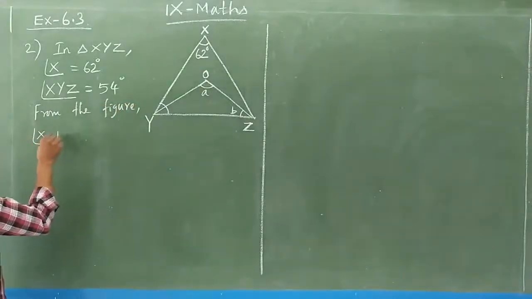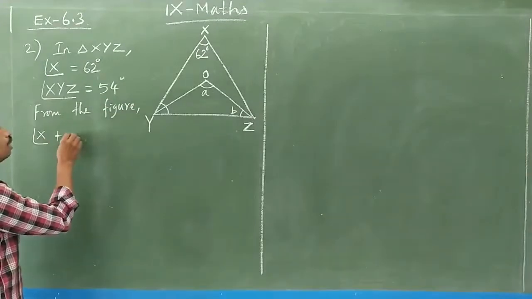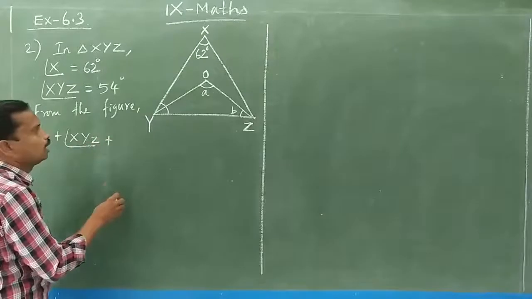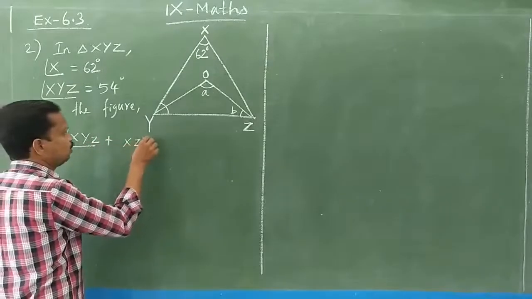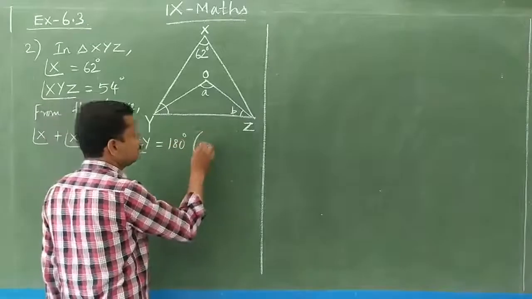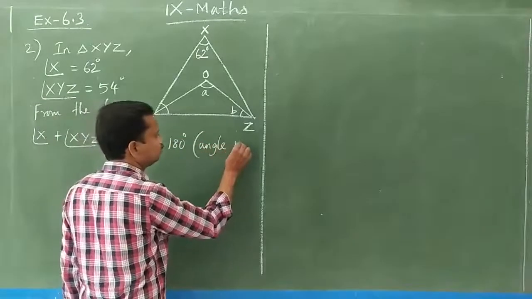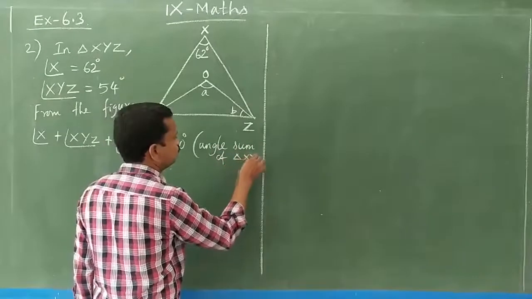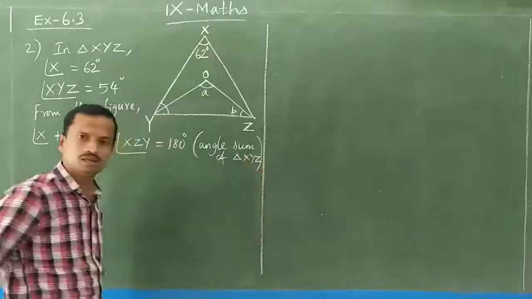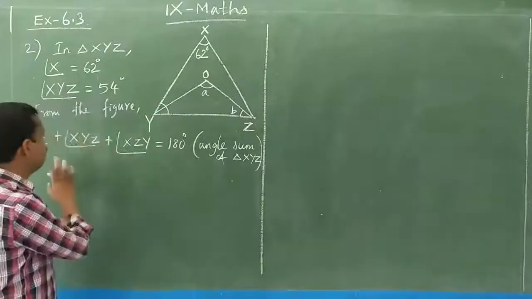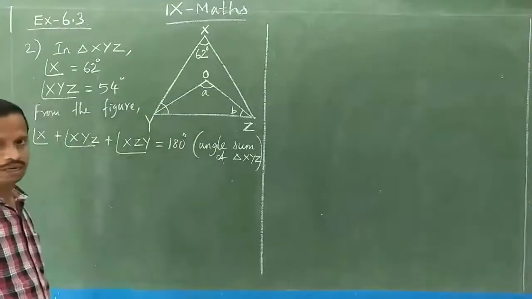So from the figure, angle X plus angle XYZ plus angle XZY is equal to 180 degree because of angle sum of triangle XYZ. Clear? Angle sum of triangle XYZ. You see the property. We can write the sum of the angles is 180 degree.